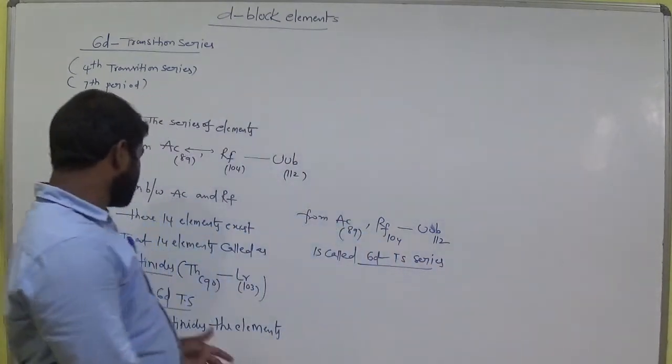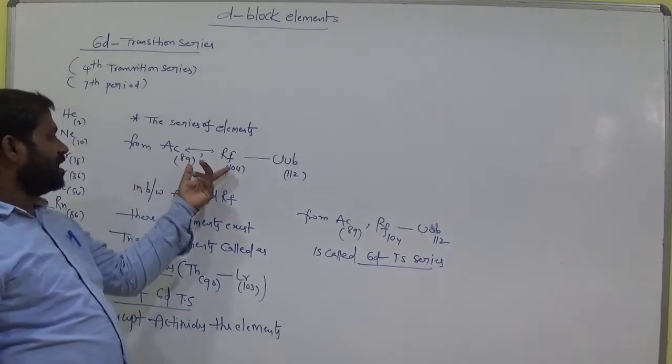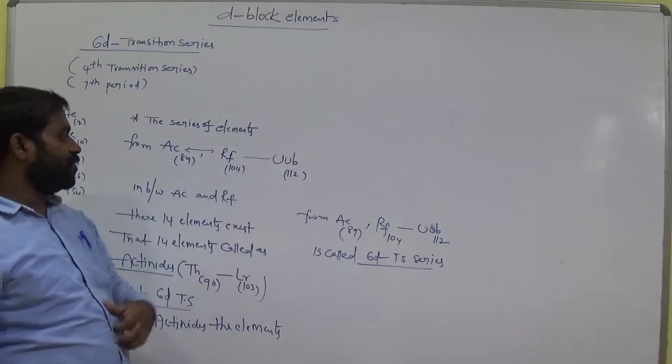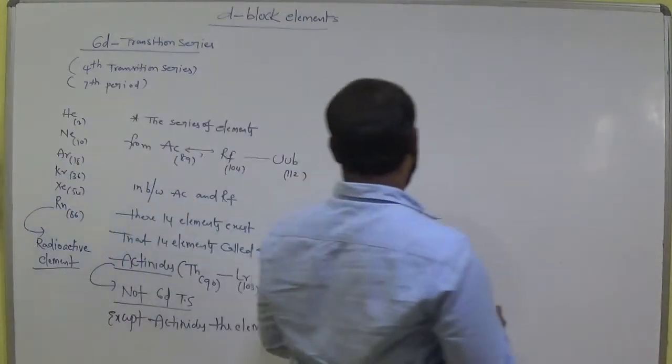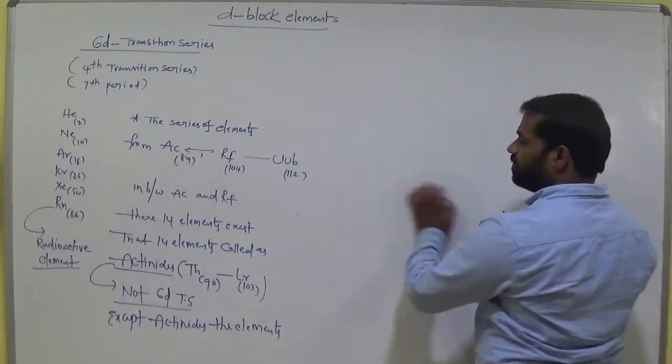Except these 14 elements, the remaining elements are actinium, and from RF to UUB. In between these elements are the actinides. Clear? Remember this.